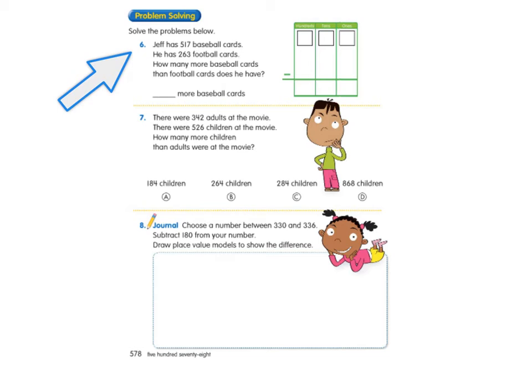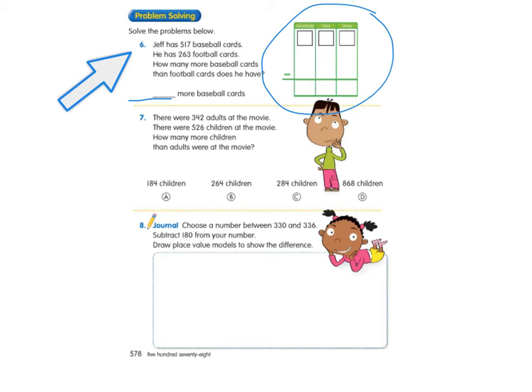Write it off to the side in the hundreds, tens, and ones. Then whatever your answer is, after you've compared, you will write the answer on the line. Push pause so you have some time to work. When you are ready, push play.